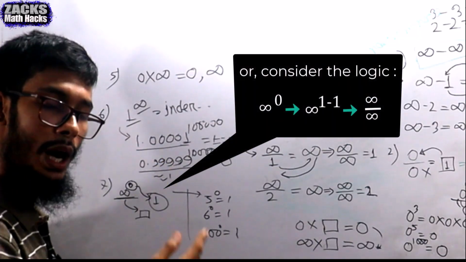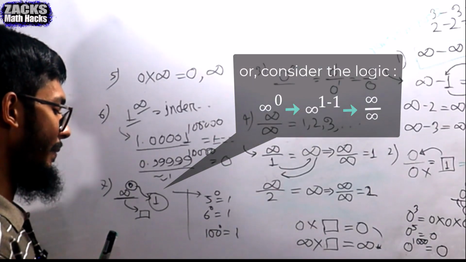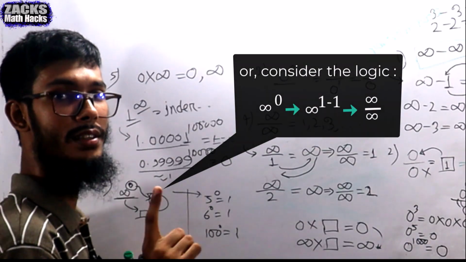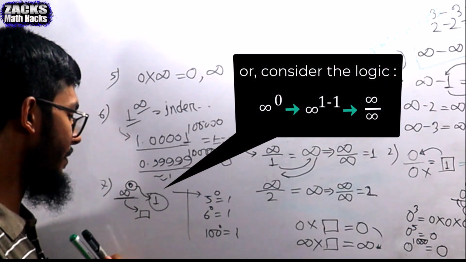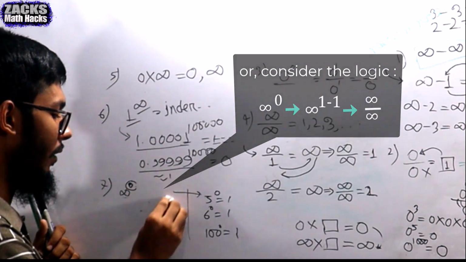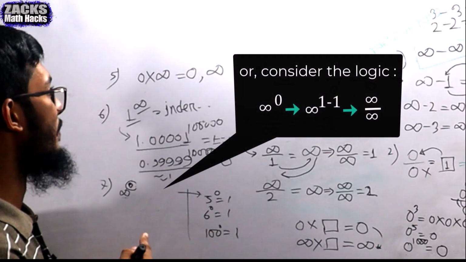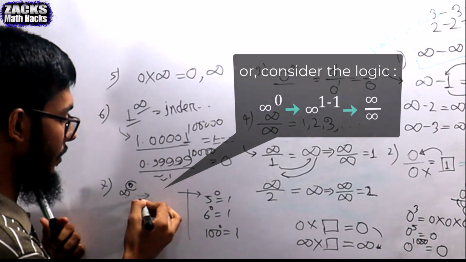So two ideas are fighting each other, and there is no exactly one answer. We cannot say the answer is 100% one. So mathematicians also consider this expression indeterminate. I hope you got this point.